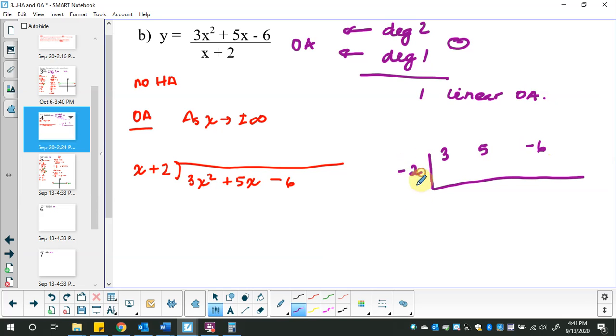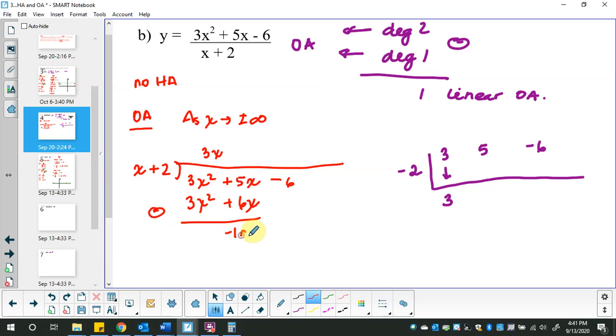Opposite of the denominator. So x into 3x squared is 3x. Multiply around. Subtract. Gone.